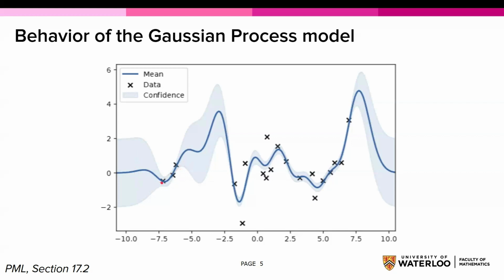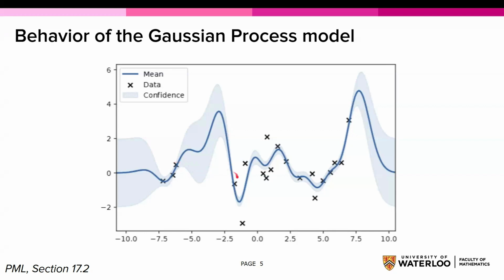We can see that where there is data, where the function is near those points, the uncertainty is low, so the shaded region is quite narrow. This is because the Gaussian process has seen these values and it knows that the function has to pass through them.